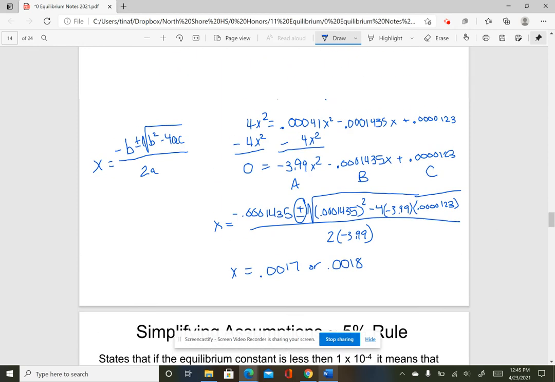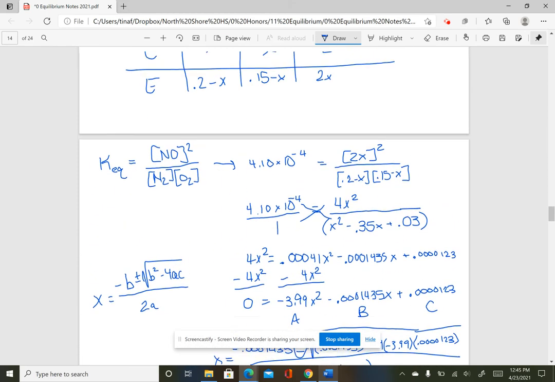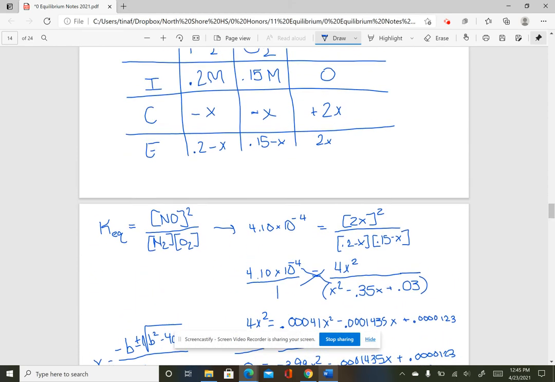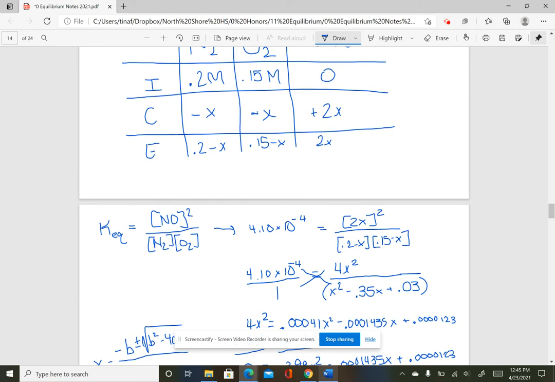So if I know what x equals, I can go back and plug that in here. If I plug 0.0018 in for all these x's, then I can calculate what the concentrations are going to be.